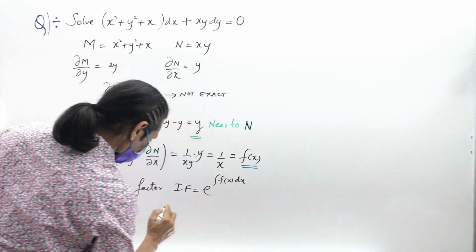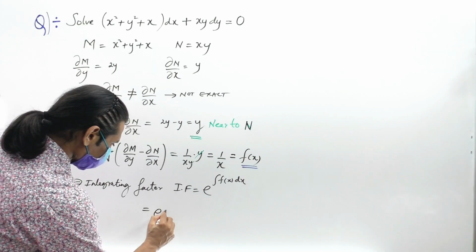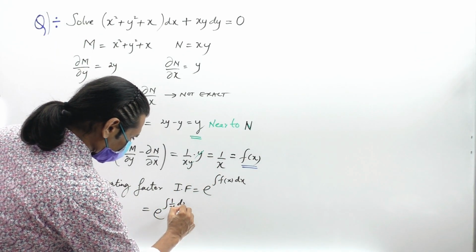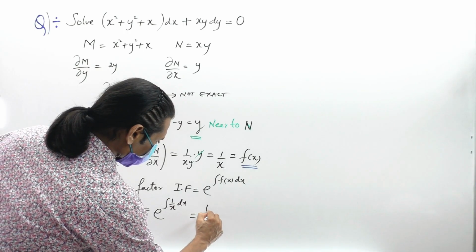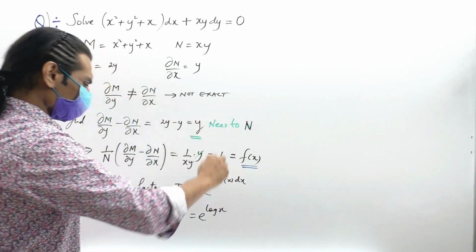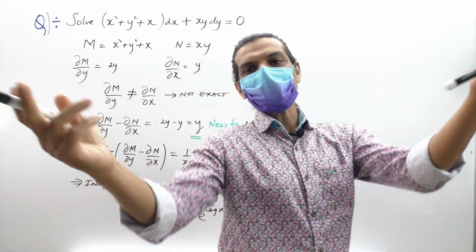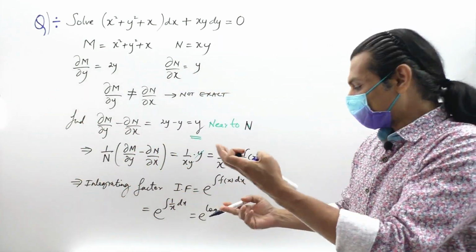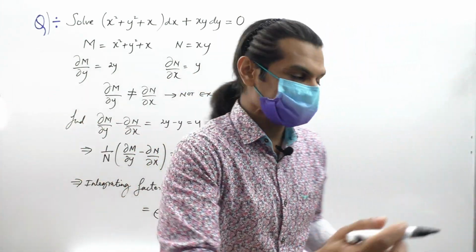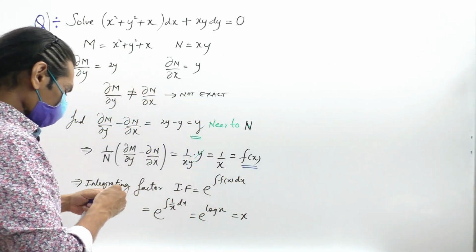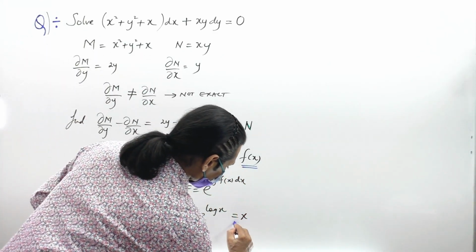Fine. So, that is e raised to integration of 1 by x dx, a very simple integration, that is e raised to log x. And what is e raised to log x? We already know e raised to log of something: the e and log cancel, what remains is x. So, e raised to log of x is x.